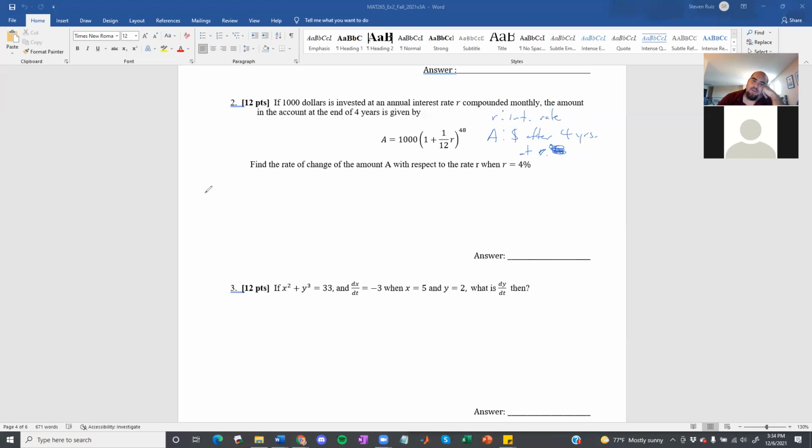0.04. So it sounds like what you're describing is, keep in mind the variables for this function are R and A, right? Time is not a variable here. The change you're looking at has nothing to do with beginning and end.